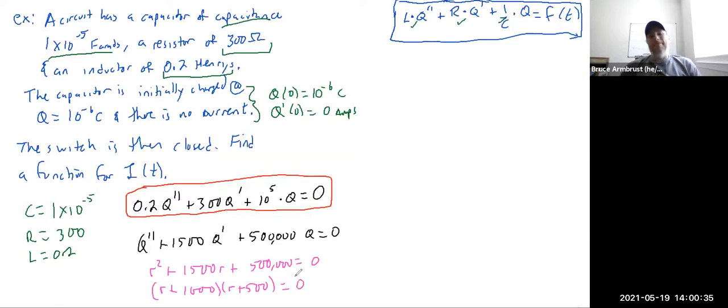So we get minus 1,000 and minus 500. So we're going to get Q is equal to C1 times e to the minus 1,000 t plus C2 times e to the minus 500 t.